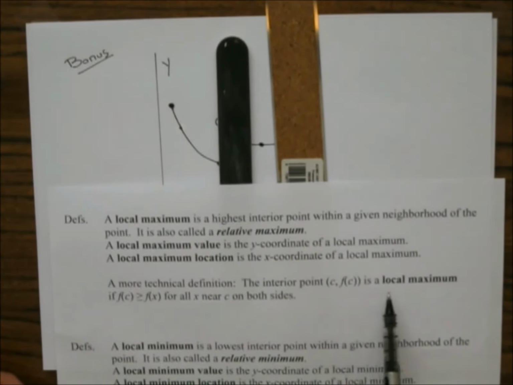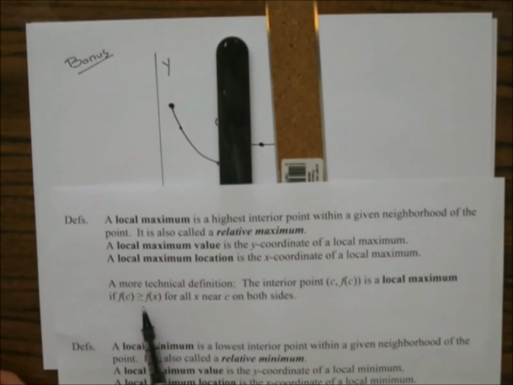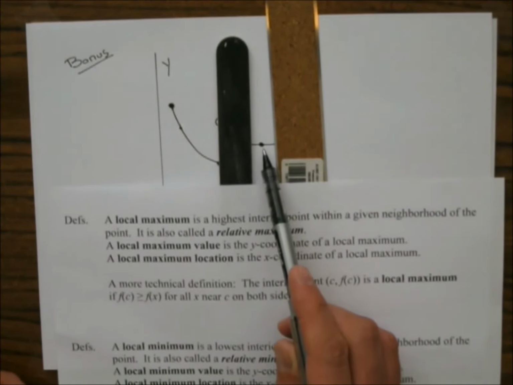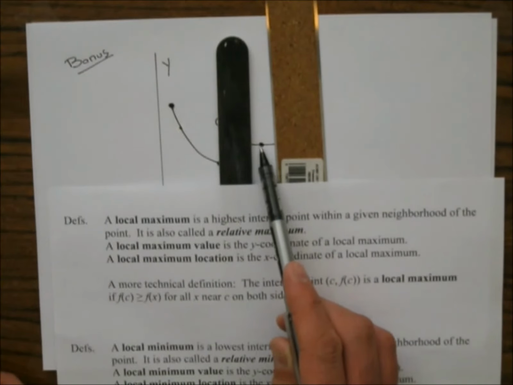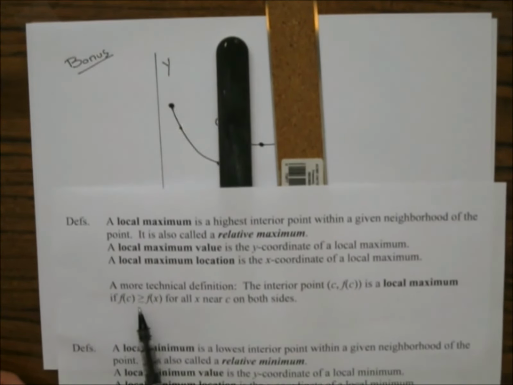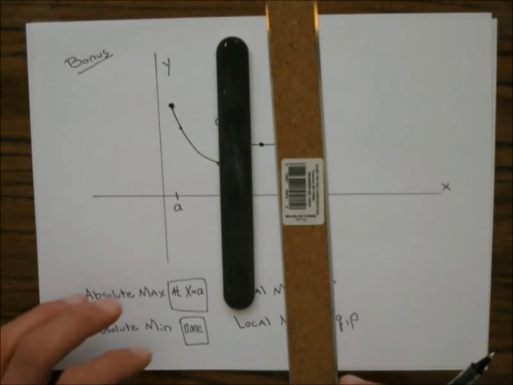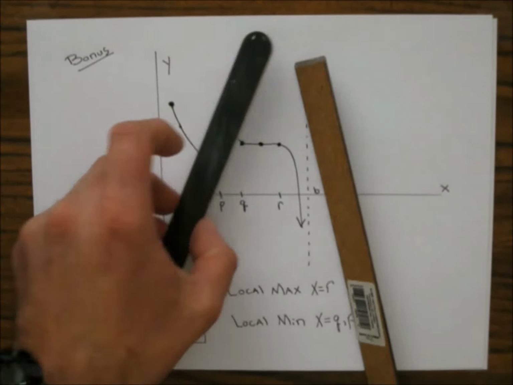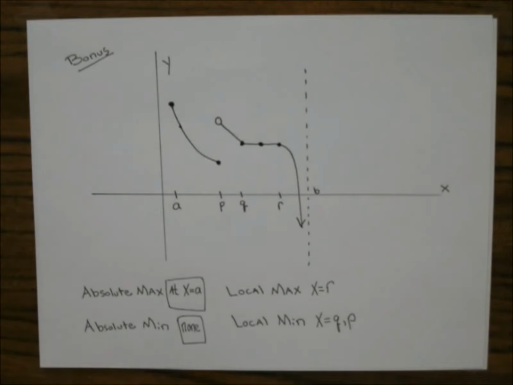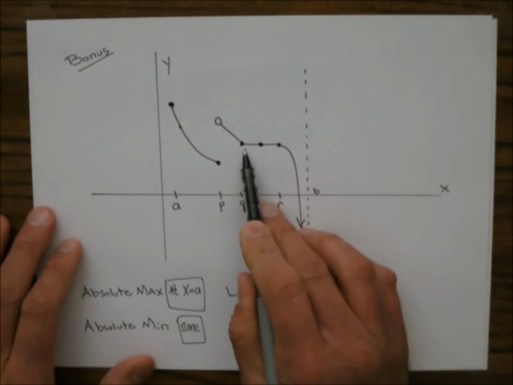It says the point is a local maximum if f of c is greater than or equal to f of x for all x in that neighborhood. And so it happens to be equal to all the other values of the x's in that neighborhood, which is allowed for in the definition. So they're not going to give you anything this bad in your homework, but I would say then that there's infinitely many local maxes, and they're right here.